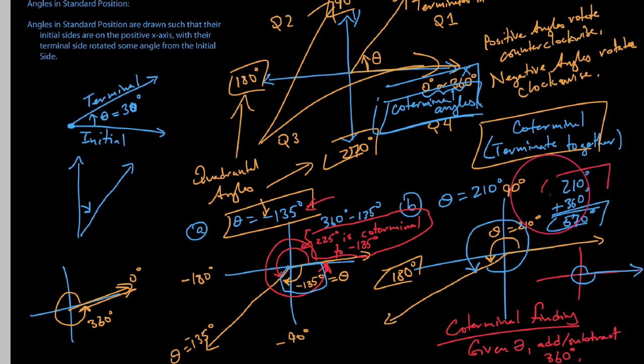We already know it's 210 more. Rotating 210 more is another 180, plus that 30 we did initially over here. You'll notice that it's coterminal too. This is a 570-degree angle, and all we had to do to get it was add 360 degrees. So there's a brief overview of angles in standard position. Cheers.